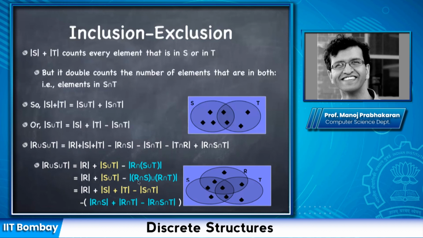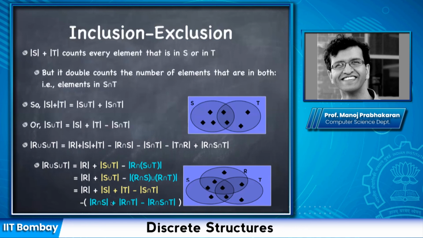And again, this R intersect S union R intersect T, you expanded it using the distributive property. Again, you apply the inclusion-exclusion principle to that.